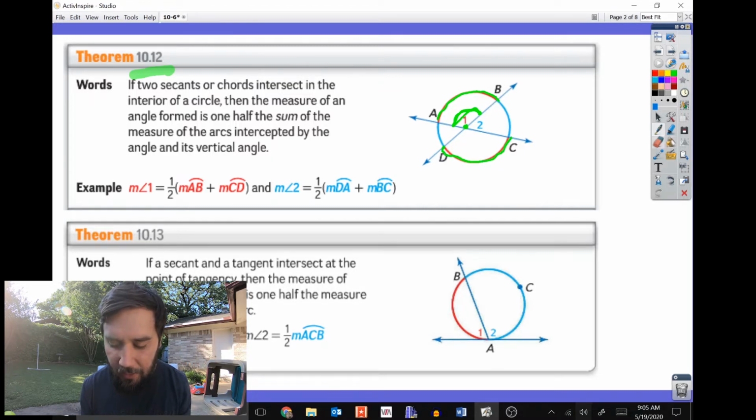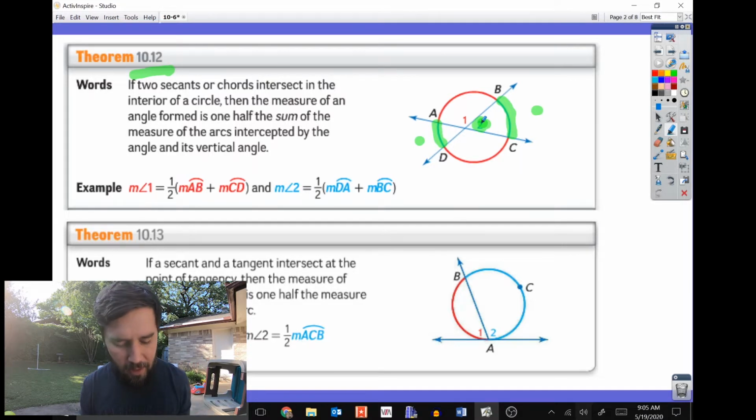If I add those 2 arcs together and take half, I'll get the degree of angle 1. Same thing for angle 2: it's 1/2 the measure of its 2 intercepted arcs, the one in front and the one behind it. So that's the first theorem, theorem 10.12, for an angle inside the circle formed by 2 secants.